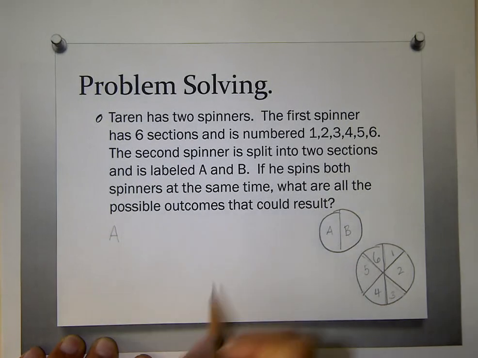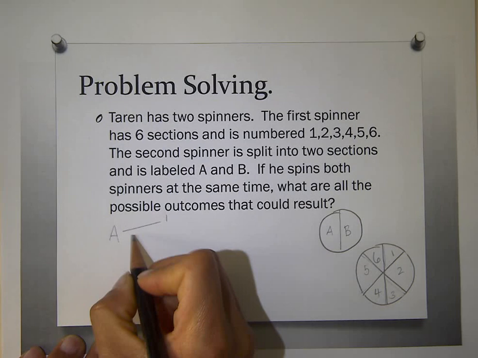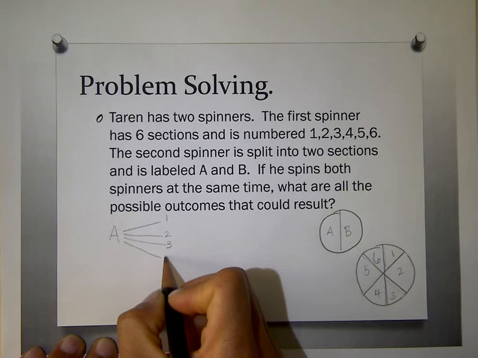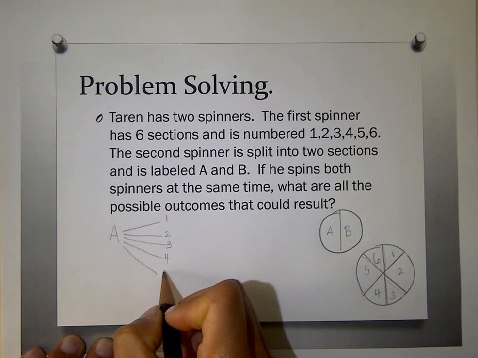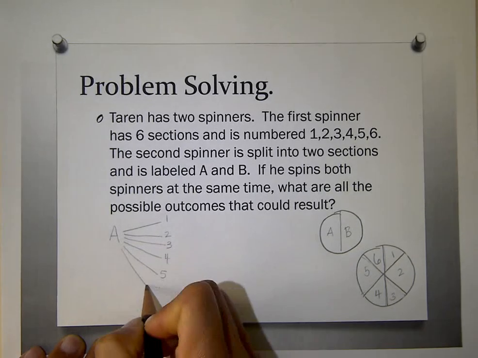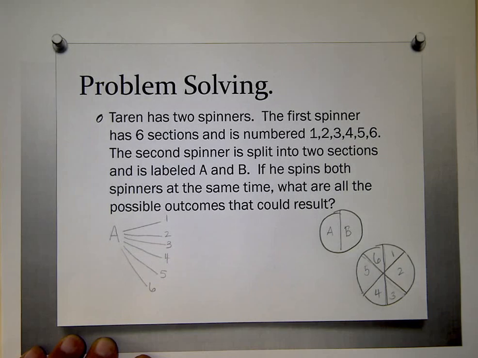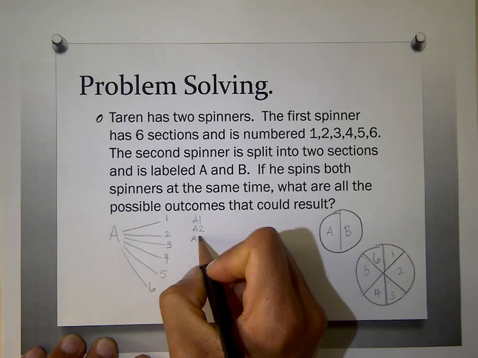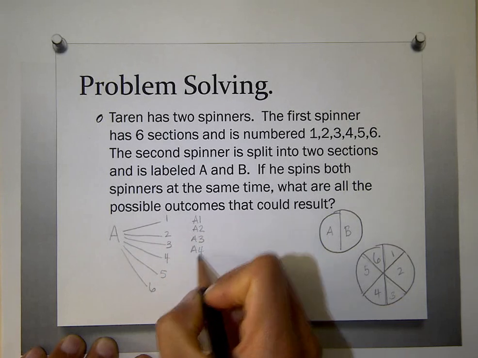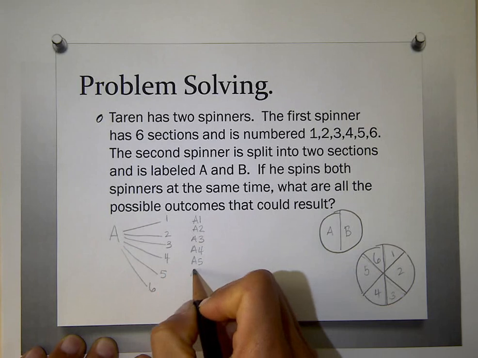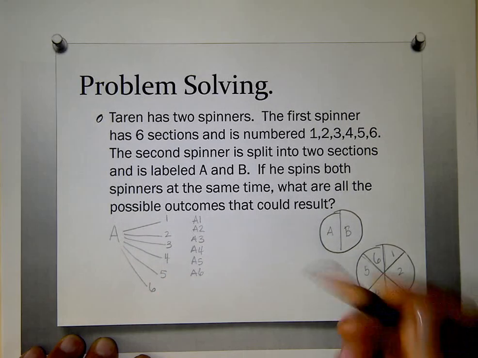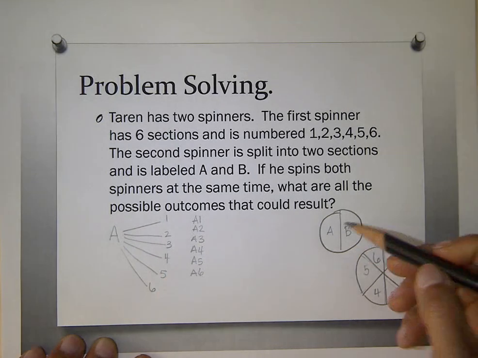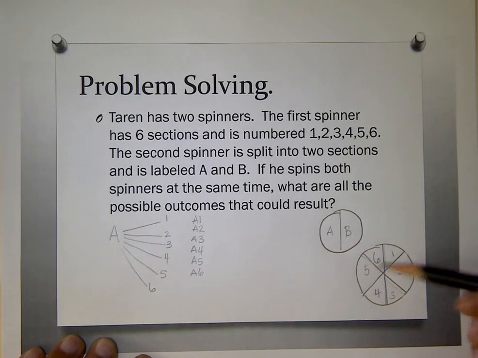Spinner A can land on 1, it can land on 2, it can land on 3, it can land on 4, 5, or 6. So A1, A2, A3, A4, A5, A6. 6 possible outcomes for landing on A and then one of the 6.